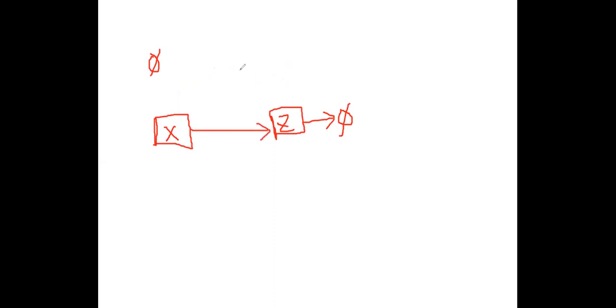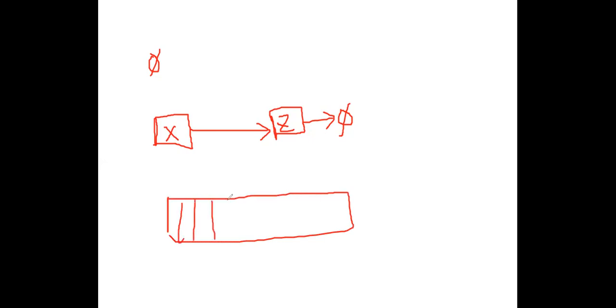But of course linked list has its own limitations, because in an array you can randomly access any position because they are subsequent. So you have the index number of the positions, and suppose you want to visit the third position, you can easily access it.